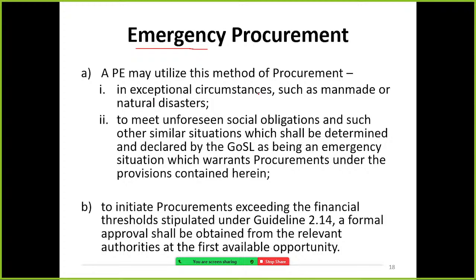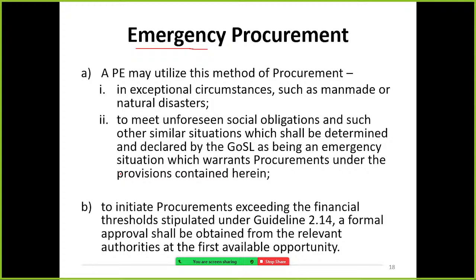This applies in exceptional circumstances such as man-made or natural disaster, to meet unforeseen social obligations, or other similar situations which shall be determined and declared by the Government of Sri Lanka as being an emergency situation, which warrants procurement under this provision. To initiate procurement exceeding the financial threshold stipulated under guideline 2.14, a formal approval shall be obtained from the relevant authorities at the first available opportunity.